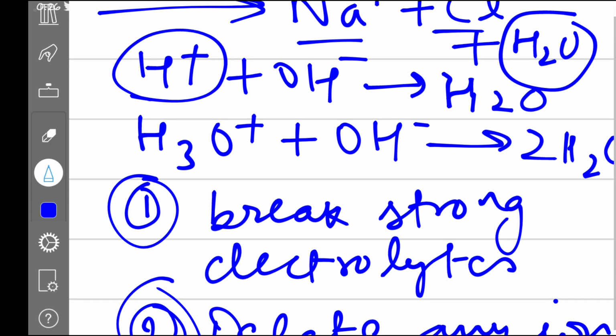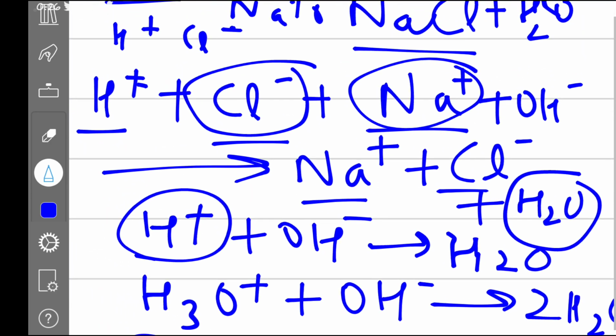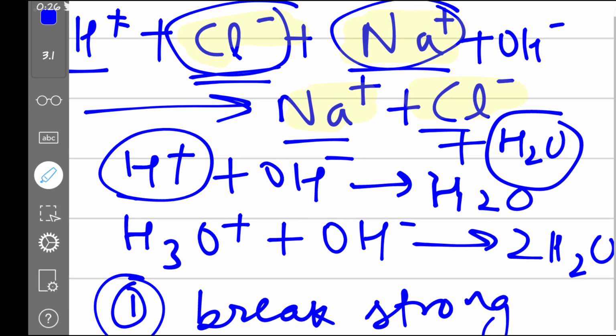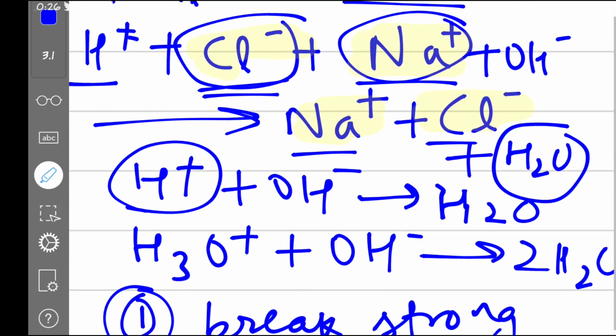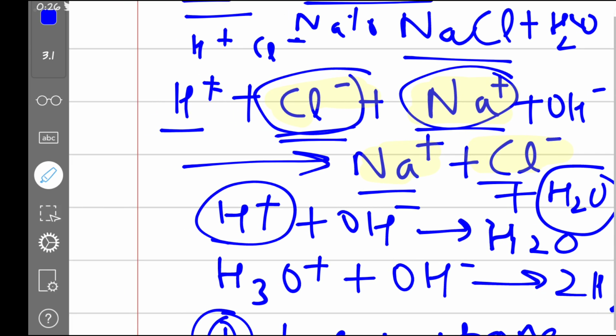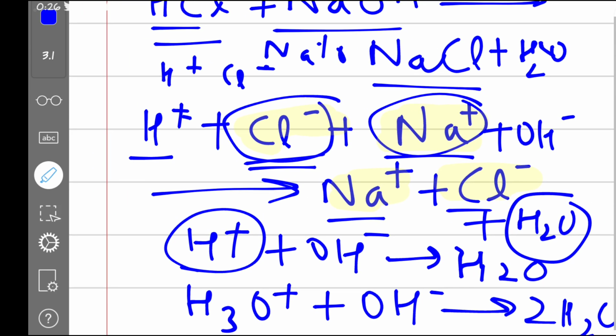If you notice in the above reaction, the sodium and chlorine ions appear on both sides. Can you see it? That's why we have removed them, so we are left with water only. Fine. They are actually floating around, but they are not actually reacting.